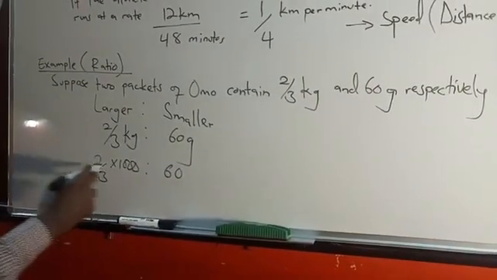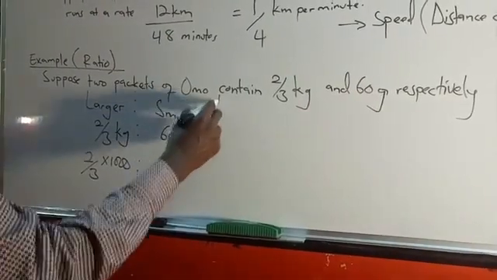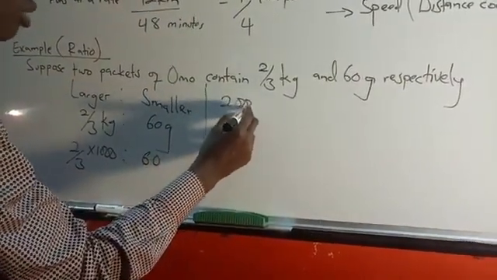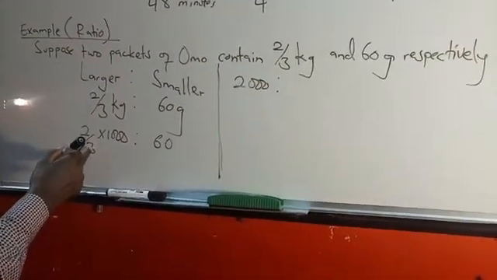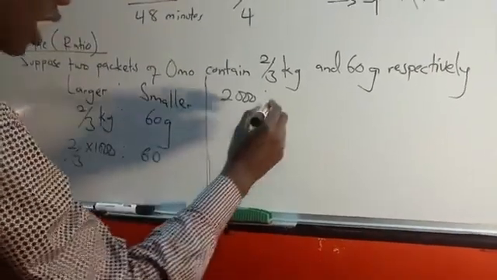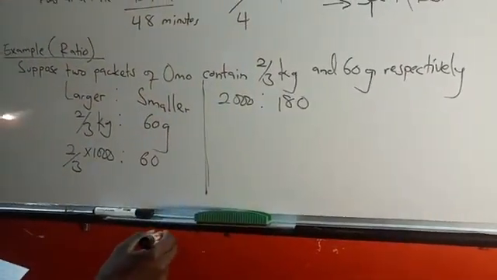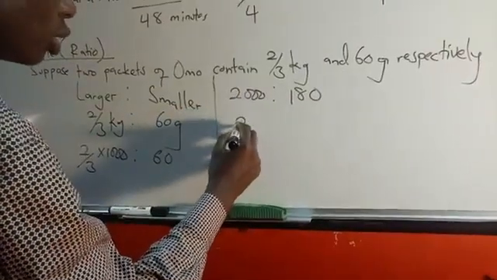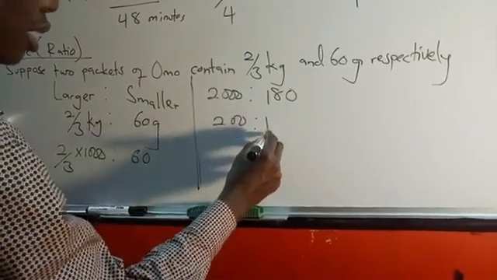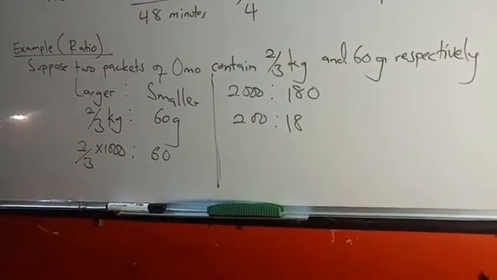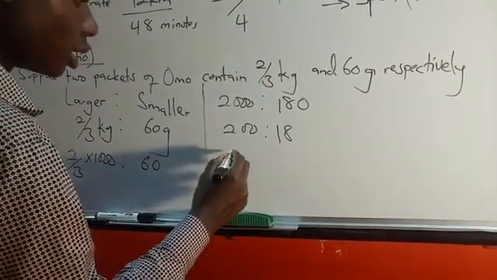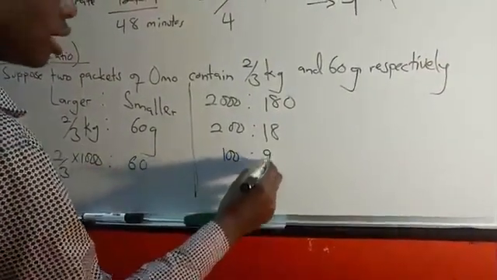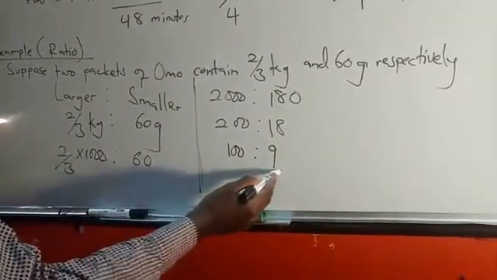Taking 3 to the other side, it becomes 2000 to 3 times 60, which is 180. Simplifying to 200 to 18, and continuing to simplify, it will be 100 to 9, which is our ratio.